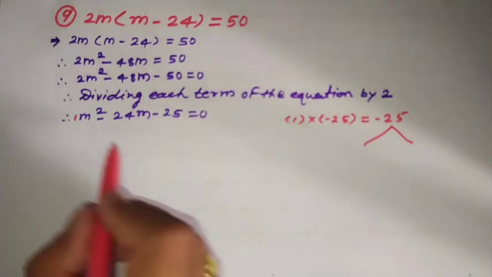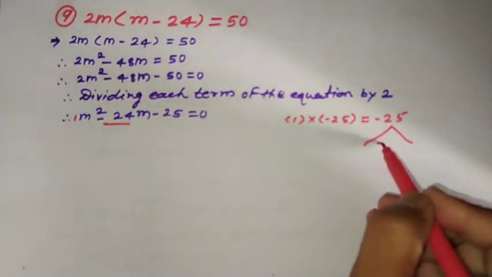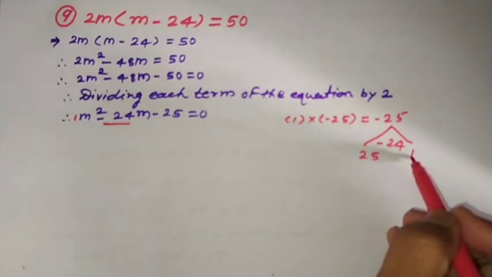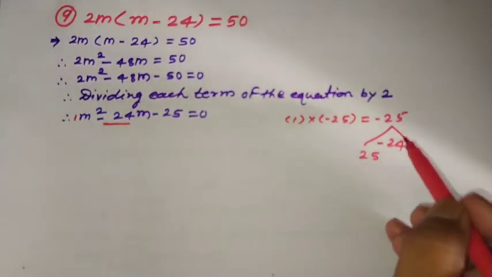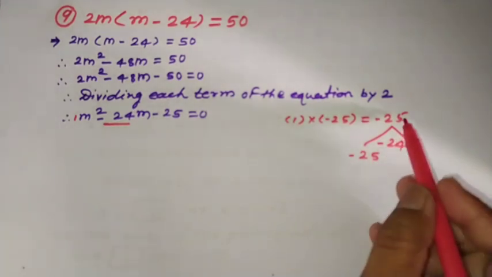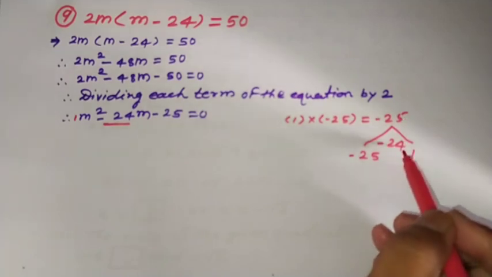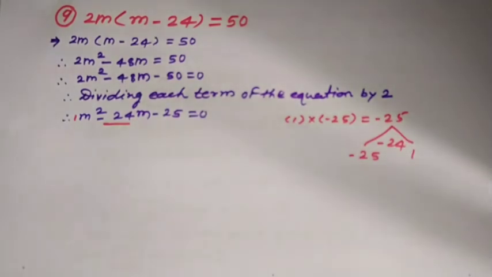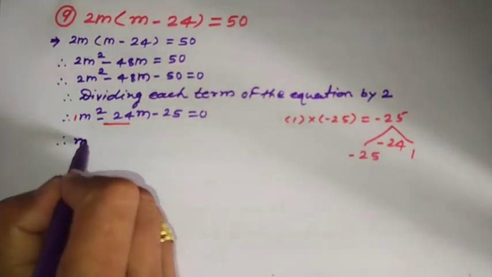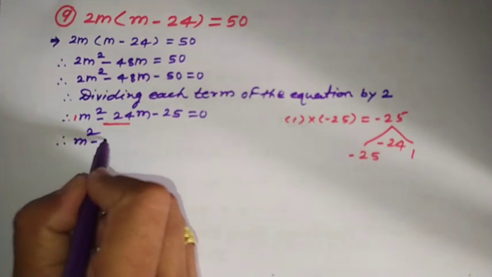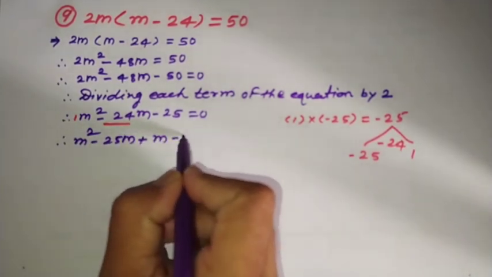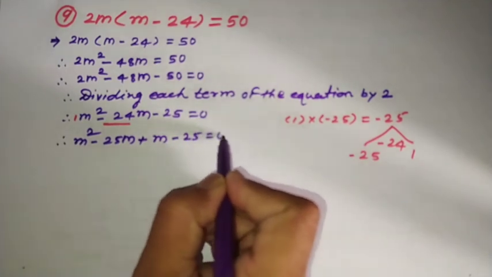The sum of the two factors is minus 24: 25 and minus 1. Multiplication of the two numbers is minus 25 and the sum of the two numbers is minus 24. Write down in this form: m square minus 25m plus m minus 25.